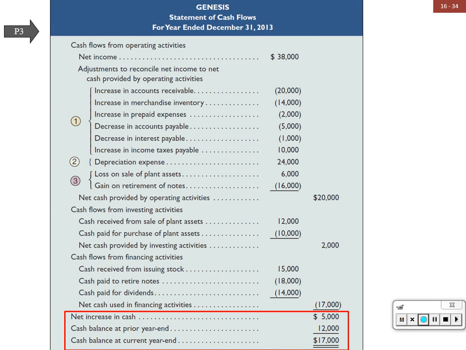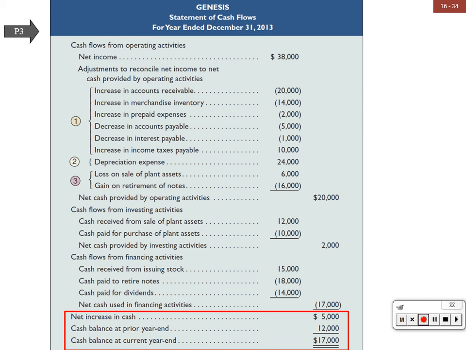So now after the entire cash flow statement is completed, and this is an indirect method, but every time we complete a cash flow statement, at the very bottom, we show the net increase in cash. And where does that come from? The net cash that came from operating activities, investing activities, and financing activities are all added or subtracted from each other depending on how it's reflected.